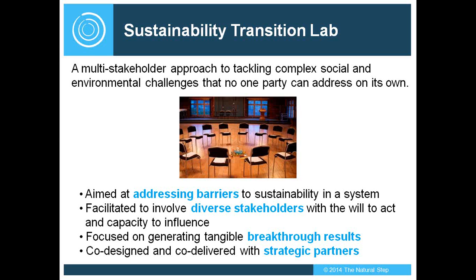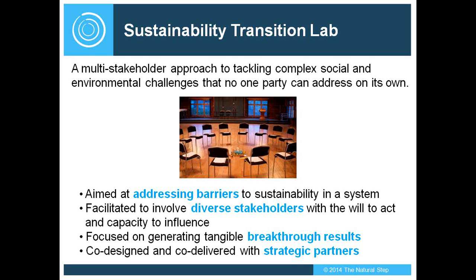And as you can see on your screen, that slide is one that we typically use as a definition of a Sustainability Transition Lab. Multi-stakeholder approach, tackling complex social and environmental challenges, sustainability challenges, and specifically these wicked challenges that no one party can address on its own.